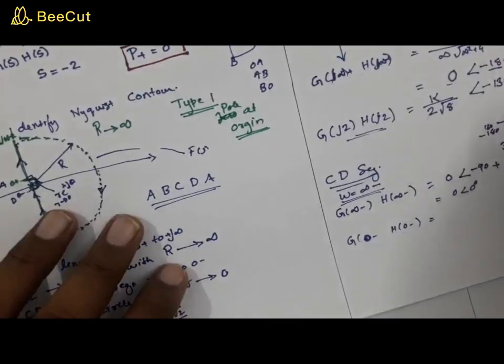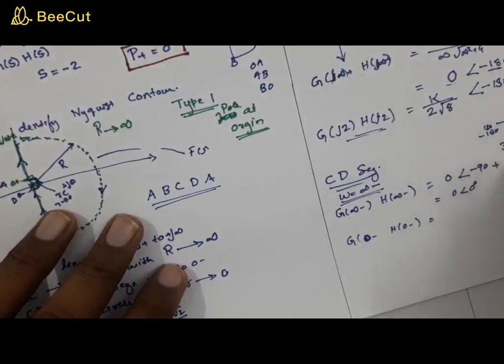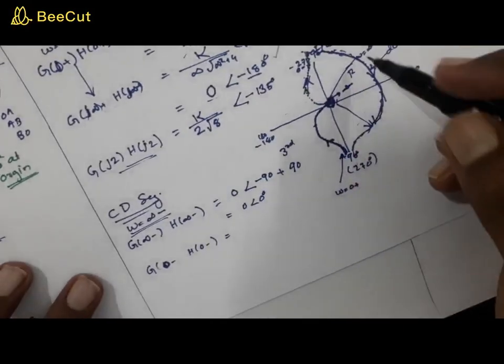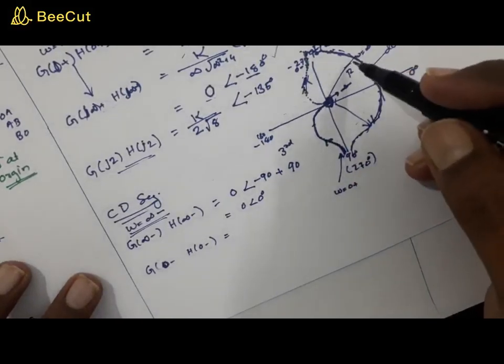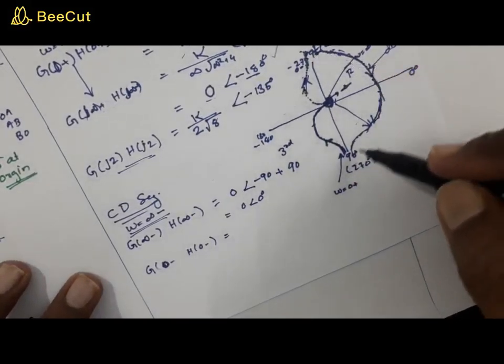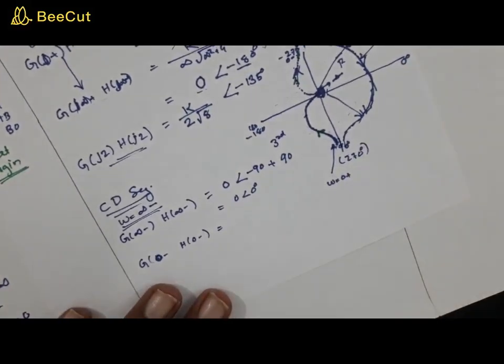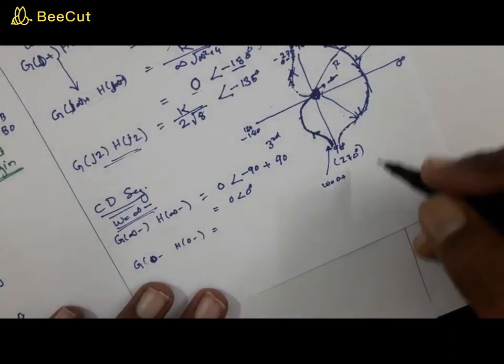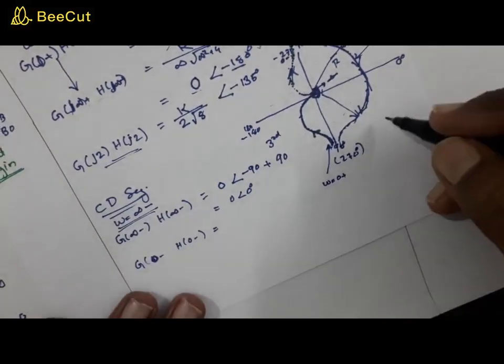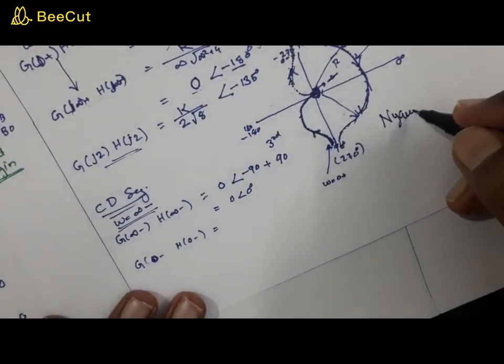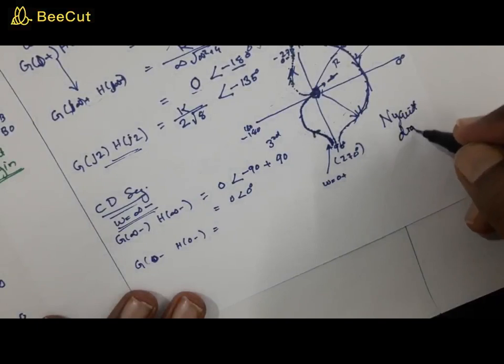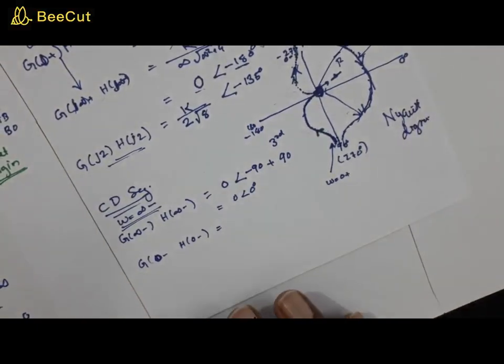Had it been in this way, it would be an anti-clockwise direction, right? So you got a graph something like this, right? This is what is called a Nyquist diagram, and that is your step 3.